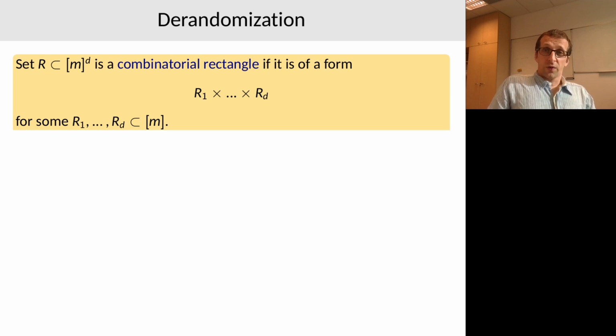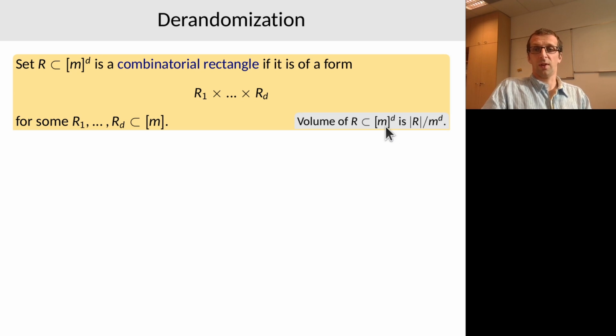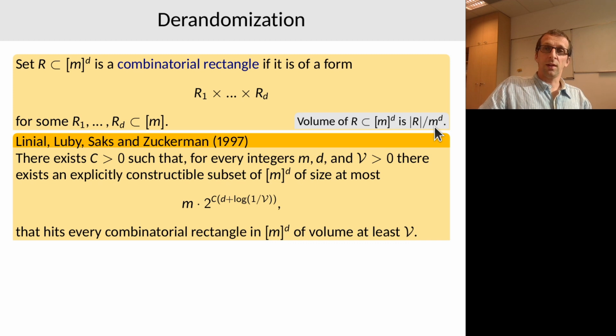A set R of sequences of numbers of length d is a combinatorial rectangle if it can be represented as a Cartesian product of d sets of numbers. And for a finite space, like m to the power of d, the volume of some of its subsets, like R, is just the fraction of the elements of the space that belongs to the subset. In 1997, Linial, Luby, Saks, and Zuckerman proved the following theorem.